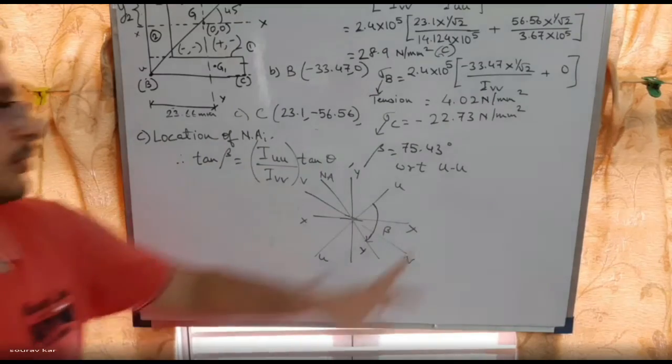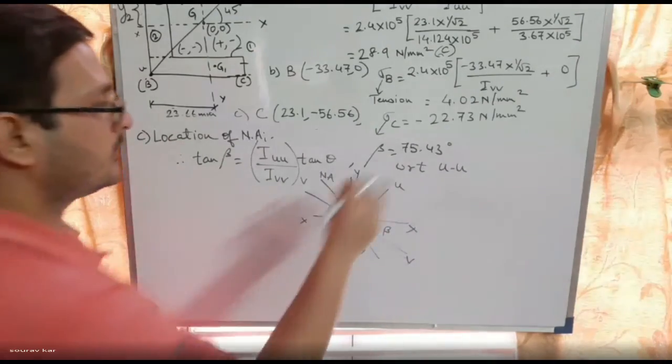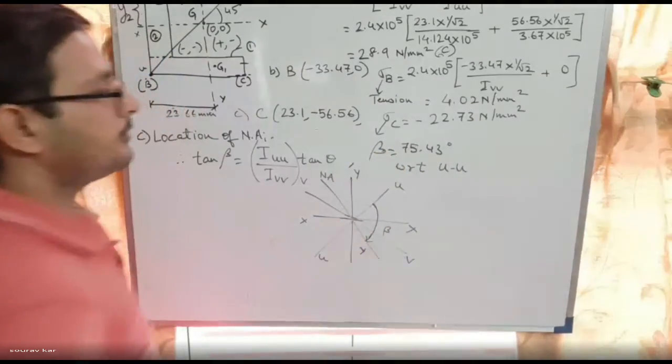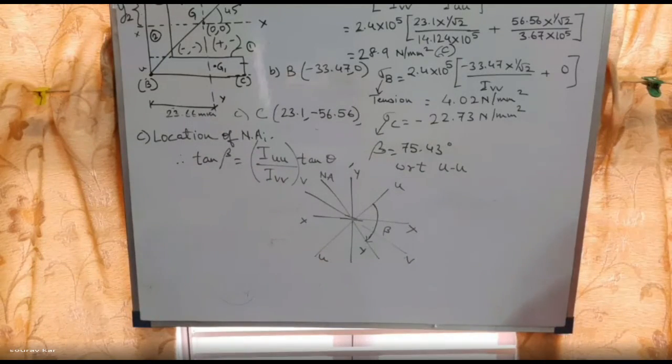So whatever angle you find out for tan beta, that will be with respect to the UU axis. This was given in our diagram. So this is the end of the sum. Okay, so take this down.